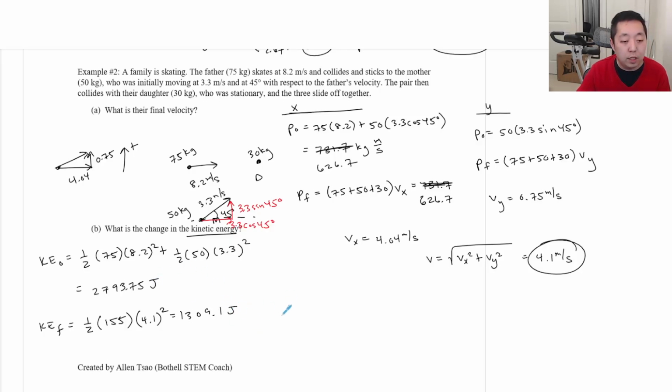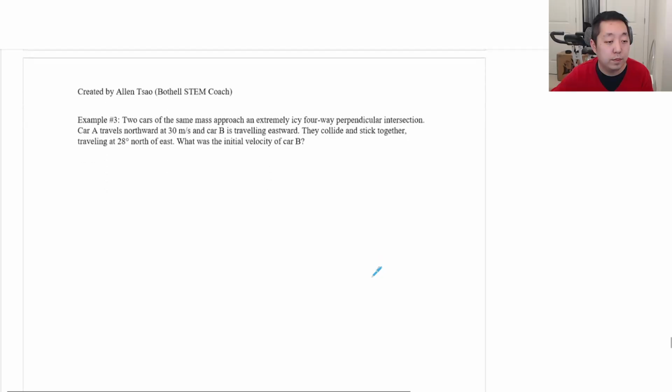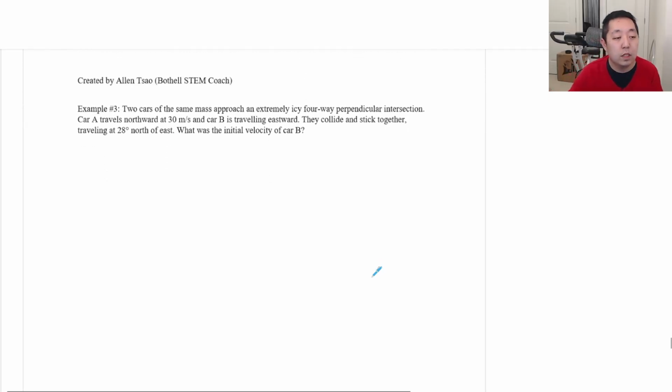And so the change in the kinetic energy is just the final kinetic energy minus the initial kinetic energy. Subtracting that quantity, we get negative 1485 joules. So we lost energy, which is very common in a collision. Okay? So try the third example here.